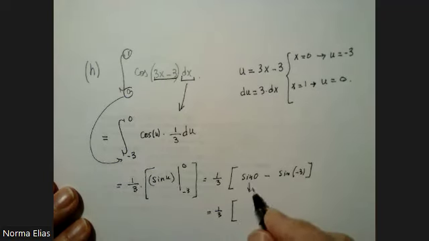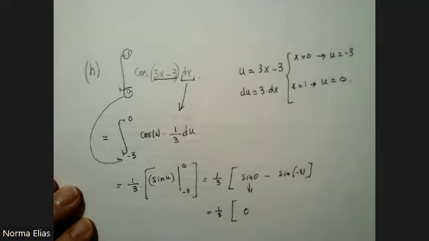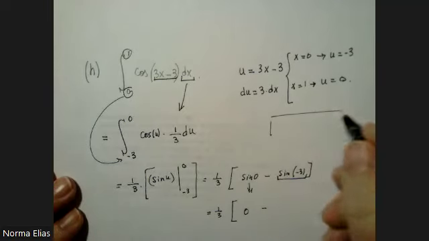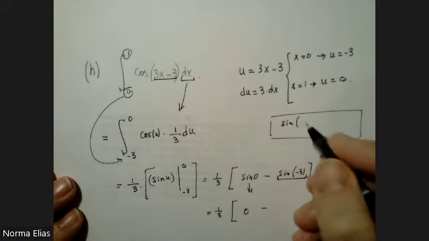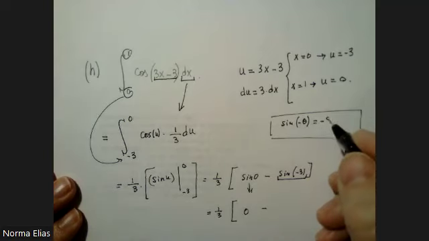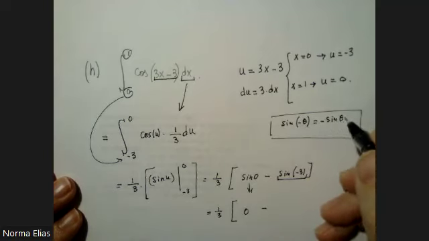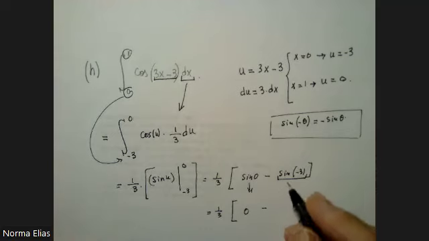The sine of 0, I expect you to know that. That's a 0. Now, sine of minus 3, of course, you don't know what the sine of minus 3 is, so you just keep it. But it's nice to know that the sine of minus an angle, so minus theta, is actually minus the sine of theta. So sine of minus 3 is minus the sine of 3.